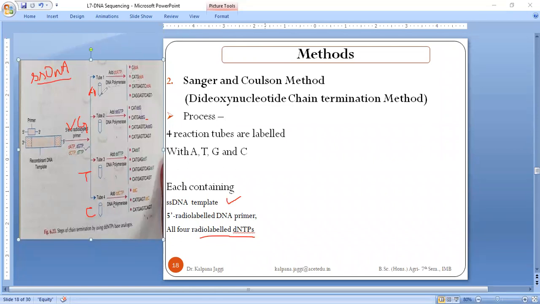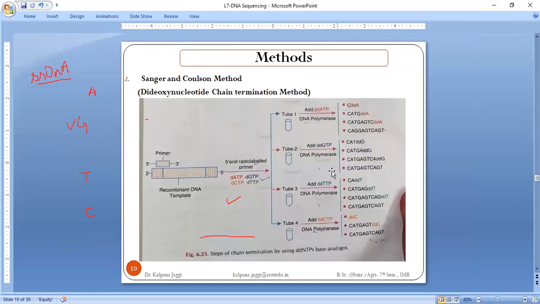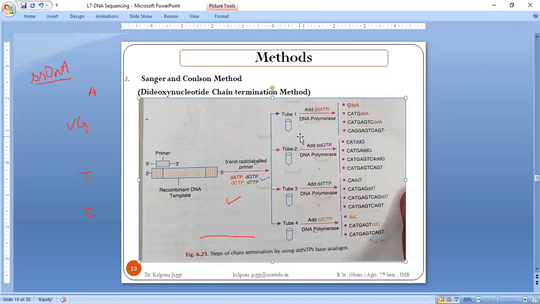So these are the requirements before one proceeds with the Sanger method. I just hope it is clear to all. So here we have the template, and to the template attaches the primer, and here is the 3' hydroxyl group where another dNTP attaches.